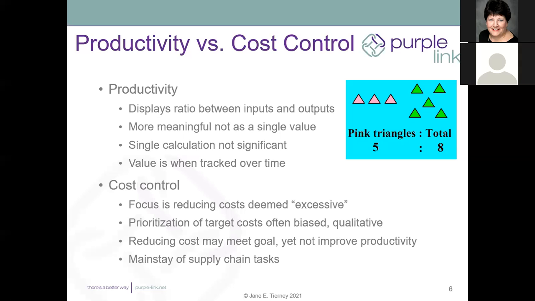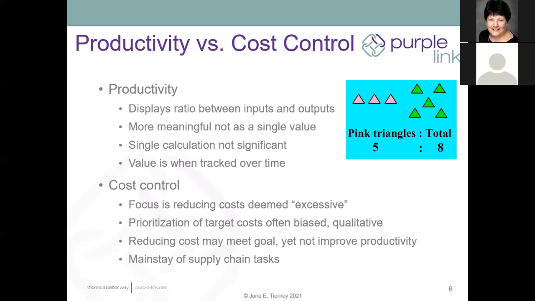Now, cost reduction is not a bad thing, but it's not always the thing that is going to help the business the most. And you find that reducing costs can meet a goal, but sometimes it doesn't improve productivity, and sometimes it makes problems in other places.